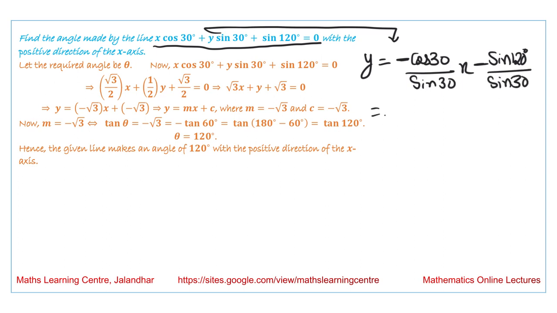We are writing this is equal to minus cot 30 x minus sine of 120 degree divided by sine of 30 degree.